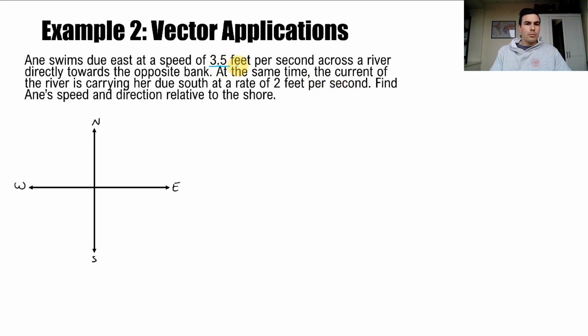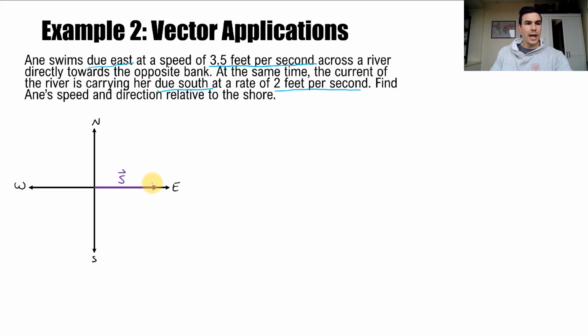So we've got 3.5 feet per second. We've got 2 feet per second. She is swimming due east, and the river is taking her due south, okay? So let's go ahead and start making some vectors here to represent this. So due east, we have our direction bearings here, northeast, southwest. Due east is going to be just heading straight east.